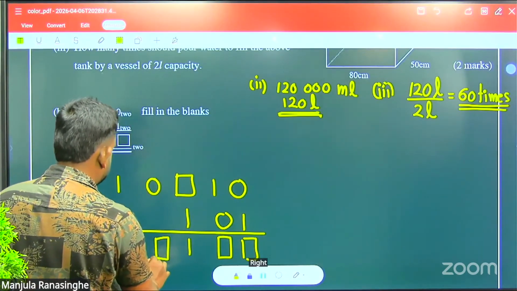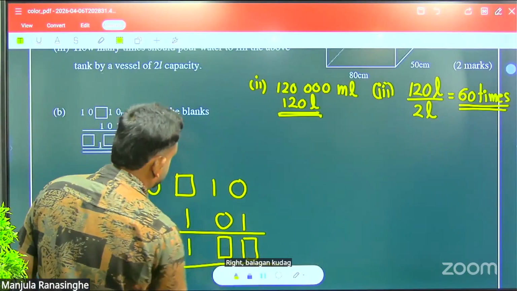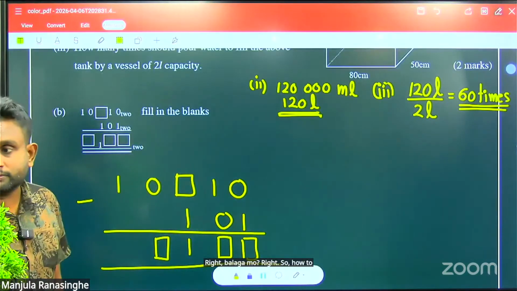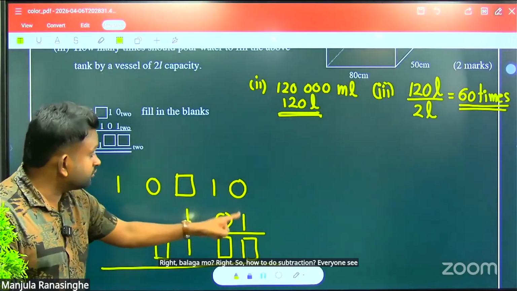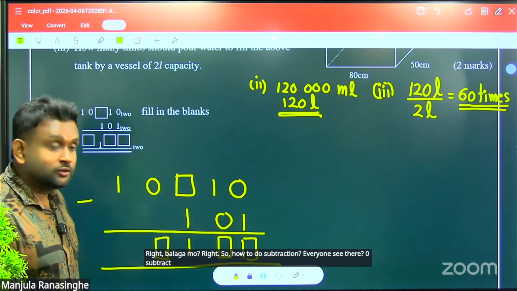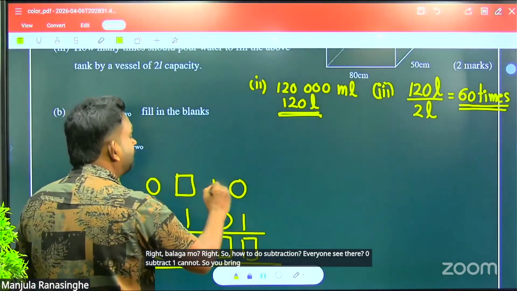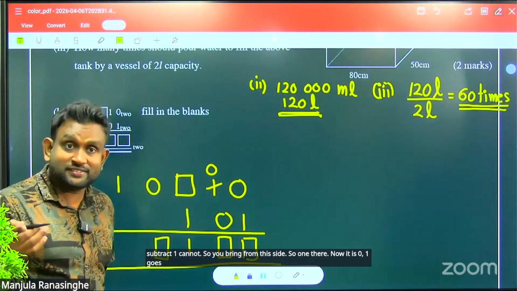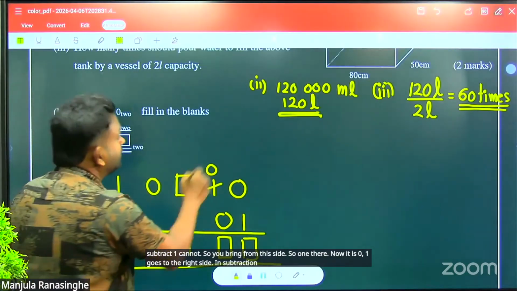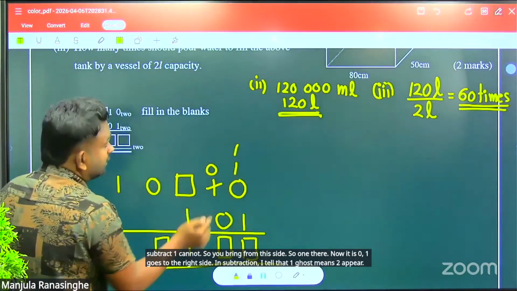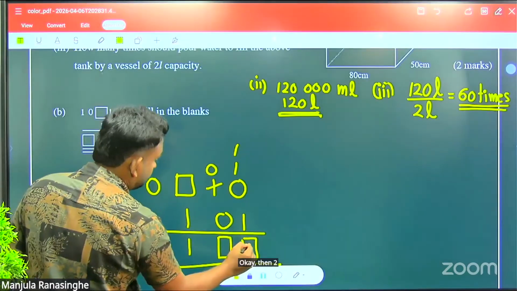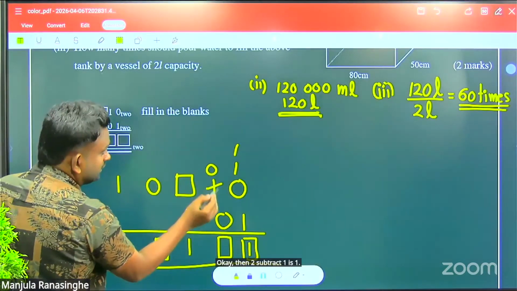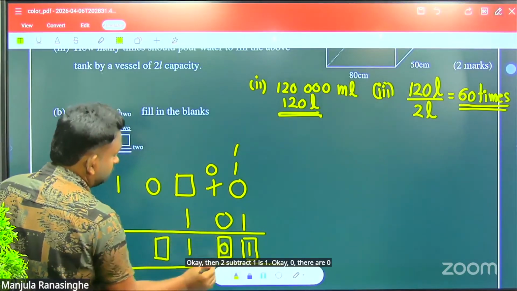Right, everyone see now. So how to do subtraction? 0 subtract 1 cannot, so you bring from this side. So 1 there, now it is 0. 1 goes to the right side; in subtraction, when 1 goes, 2 appears. Then 2 subtract 1 is 1. Here 0 subtract 0 is 0.